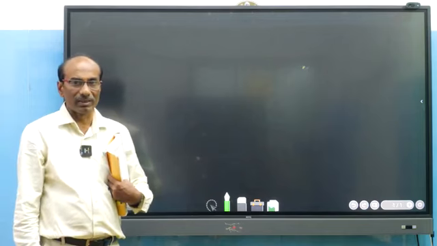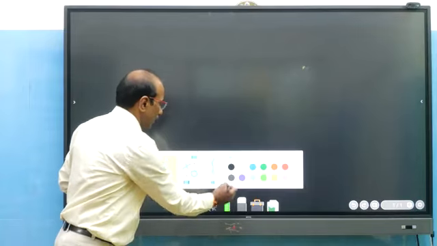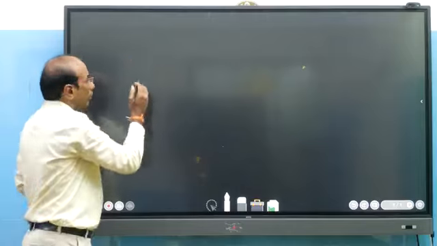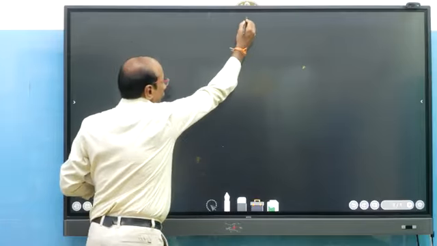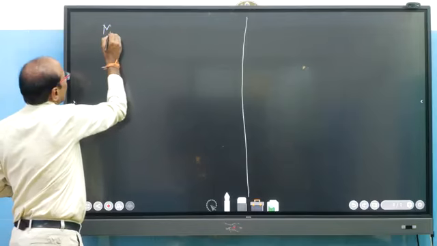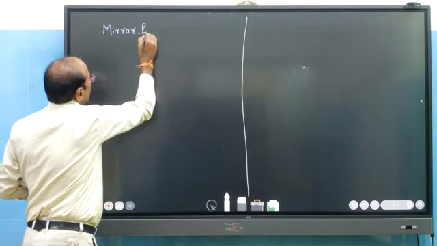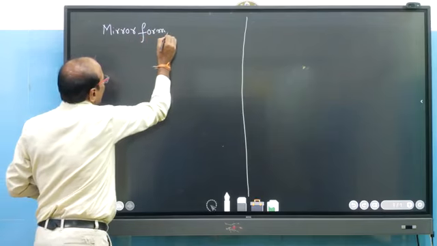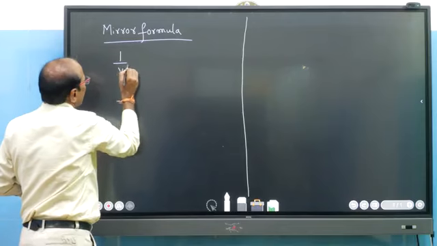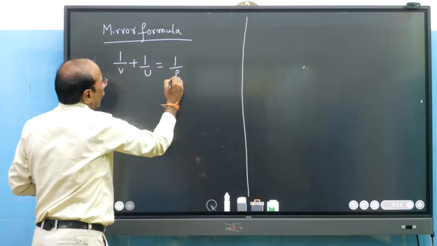Today we will discuss the problems on the mirror formula. What is the mirror formula? The mirror formula is 1/v + 1/u = 1/f.